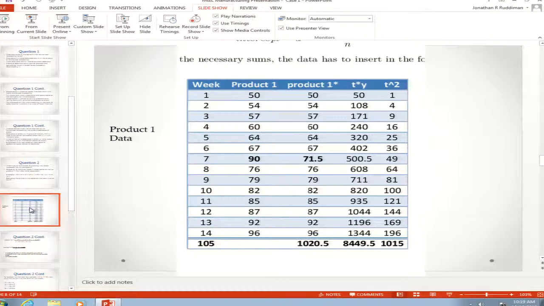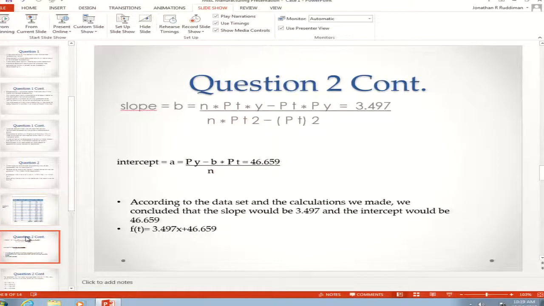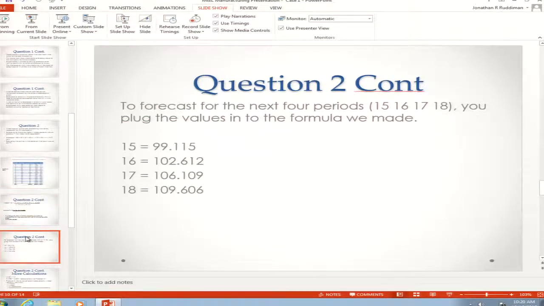In the data from product 1, in week 7 there was an outlier, and after the approach we used, 71.5, we used the formula for the linear trend and got a slope of 3.5 and an intercept of 46.6, and calculated the forecast for the next 4 weeks.